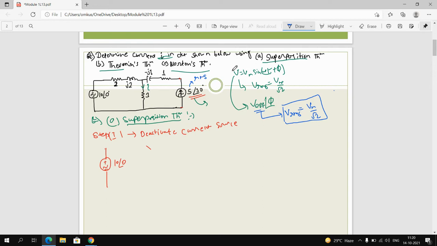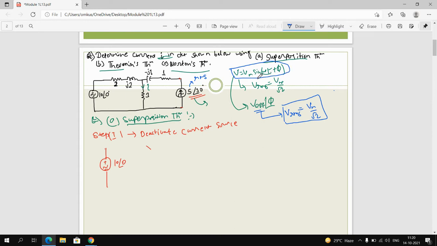When the value of any source is given in this format, for example, Vm sine omega t plus minus phi, in that case this Vm is nothing but the maximum value. To convert it into RMS, you need to divide by root 2, right? So whenever you calculate power, you need the RMS value.